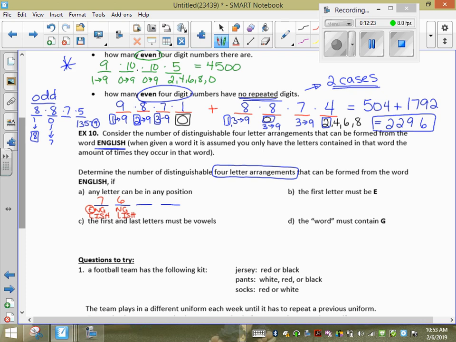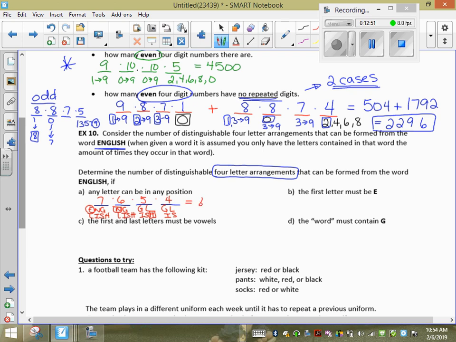Right. Yes. Exactly. When I use a letter, I can only use it once. So I have the E. I used it. I don't have an E anymore. So now I have 6. N, so G, L, I, S, H. 5, H, G, L, I, S. 4. What's 7 times 6 times 5 times 4?